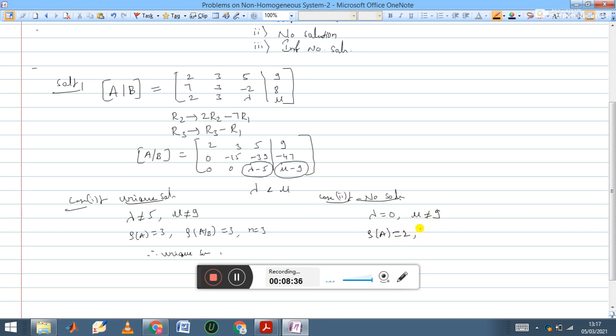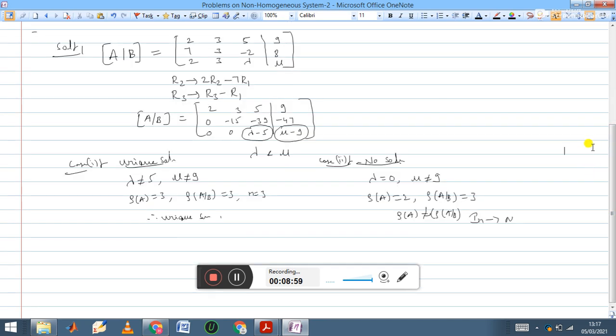If mu is not equal to 9, then the rank of augmented matrix AB is 3. Hence rank of A is not equal to rank of AB. Hence the system is inconsistent and has no solution. It's not giving any solution. Okay, go for the third case.